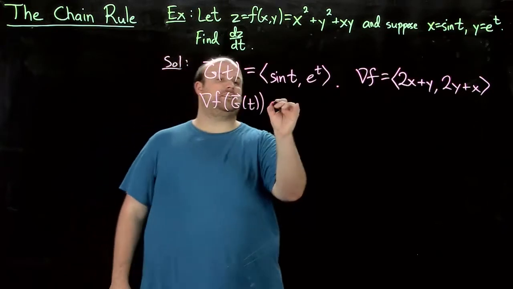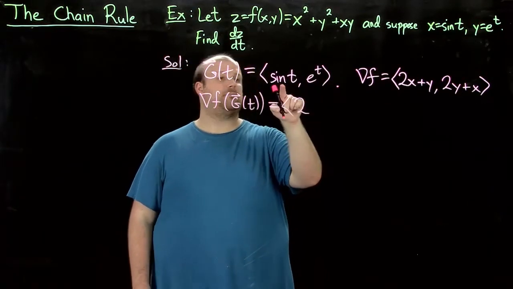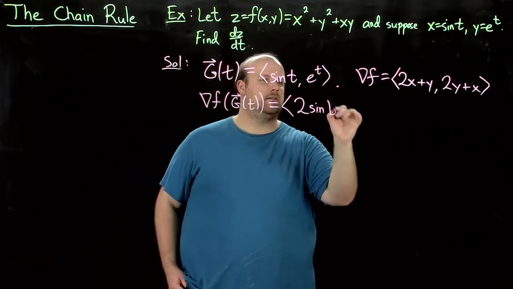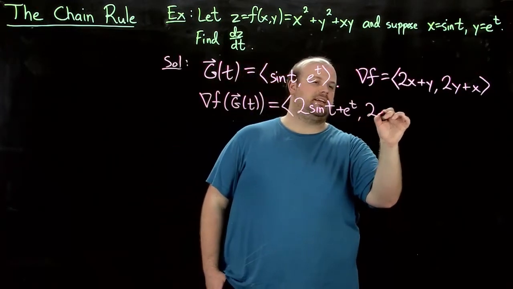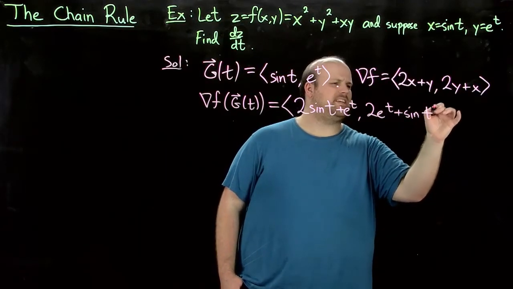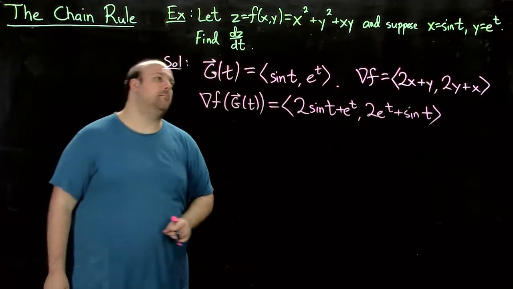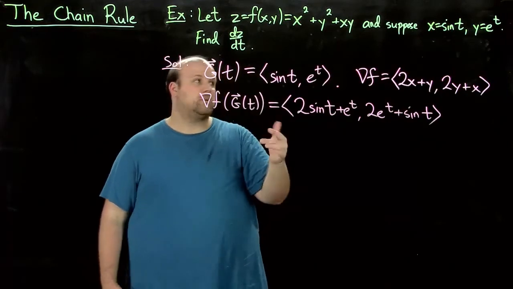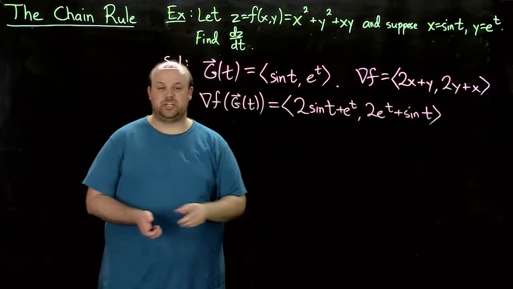So when we do that, we get, remember this is x, this is y, so 2 sine t plus e to the t, and then 2 e to the t plus sine t. If you just say enough letters, you get the right one eventually. So that's plugging g into the gradient, which is the same as taking these two guys and plugging them in. That's the point of g.